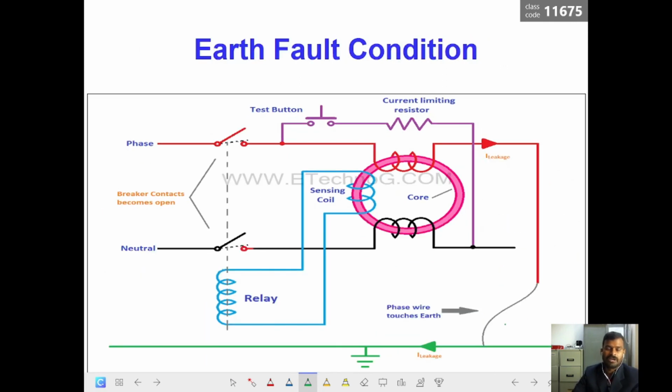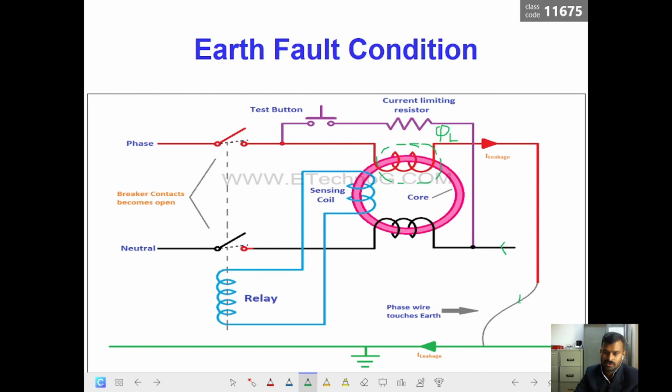Now in a fault condition, what happens? Here the circuit is closed and the current starts flowing. It produces a certain amount of flux, phi L, as we took before. Then the current flows back, but the current is not returning in the neutral coil.